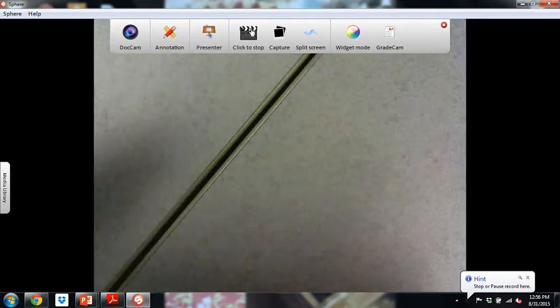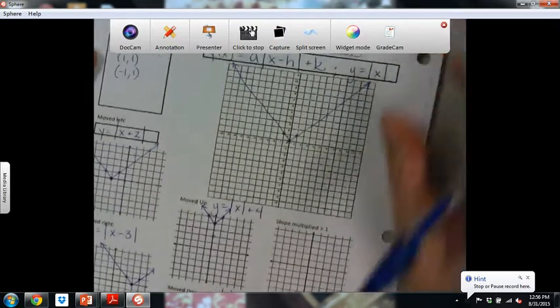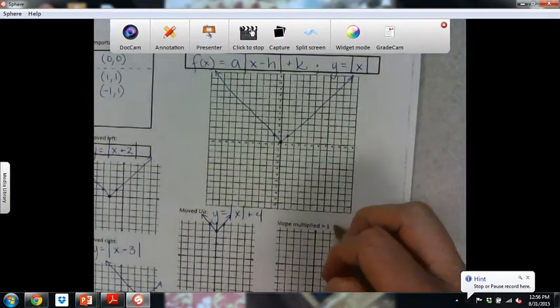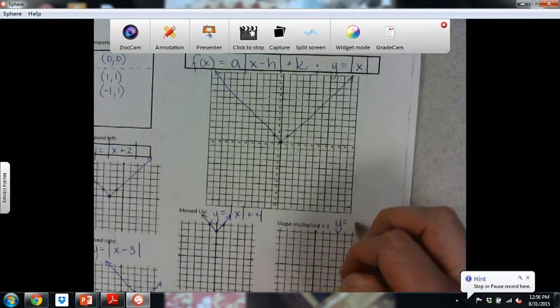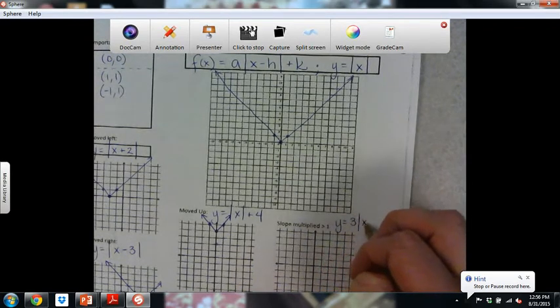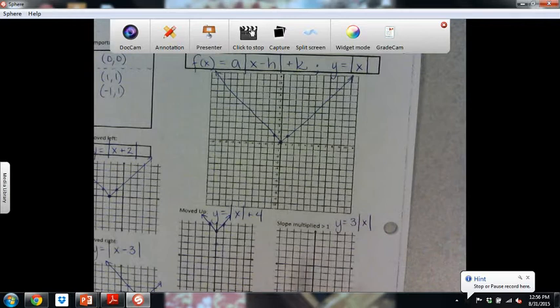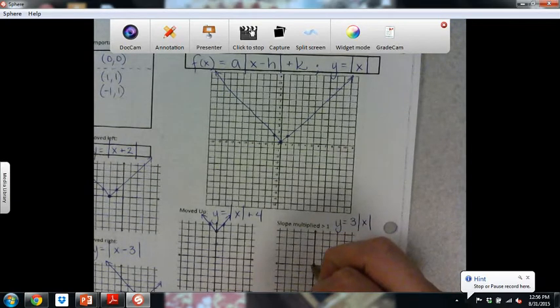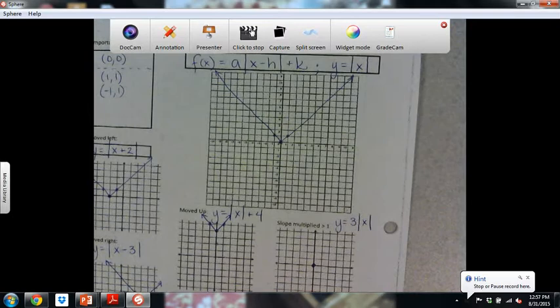So let's take another look here. Flip over to page 2 and look at the absolute value graphs. Let's say, for example, that I have the function y equals 3 times the absolute value of x. In this case, it's important for me to remember that when I plug in 0, absolute value of 0 is 0, times 3 is still 0, so I've still got my origin point at 0, 0, for my vertex.